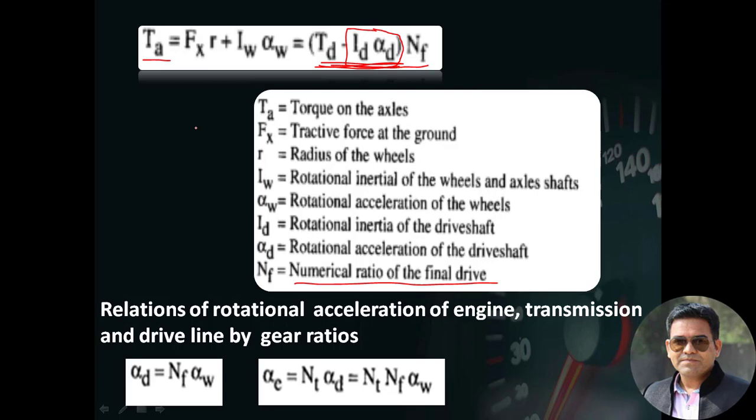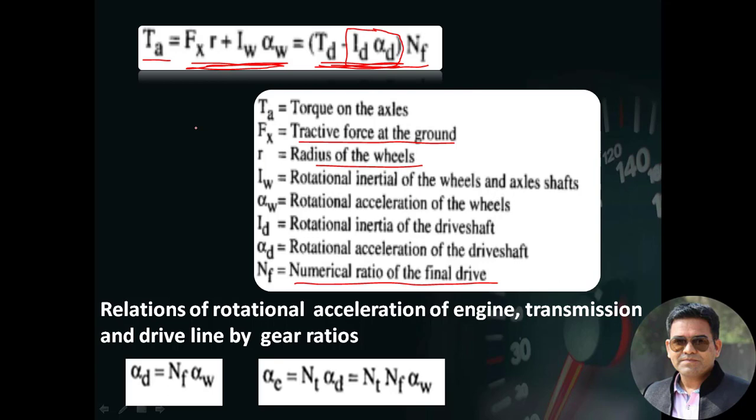Okay, now we can also calculate the torque at the drive shaft in terms of total tractive force available at the ground too. So this term indicates the torque at the drive axle in other terms. Here Fx is the tractive force at the ground multiplied by the radius of the wheel, so it gives the torque term.